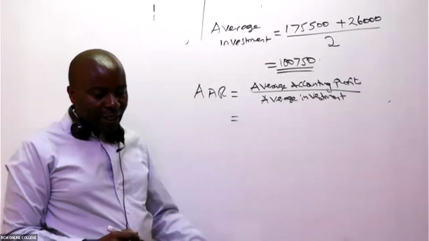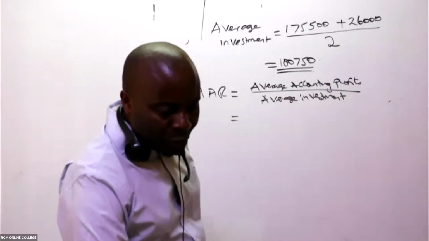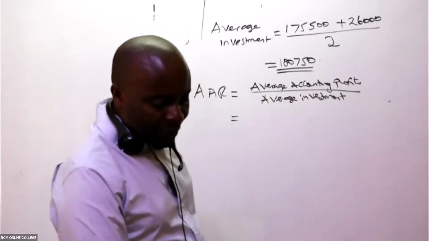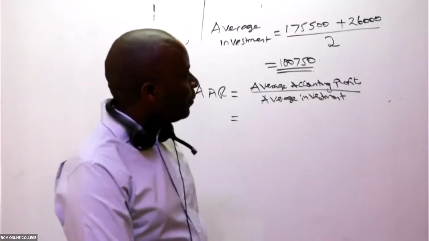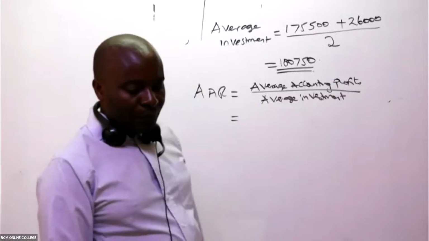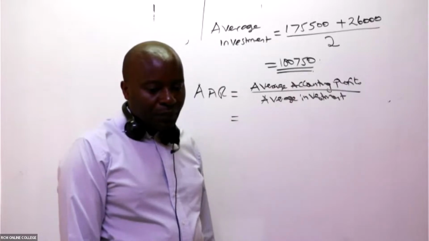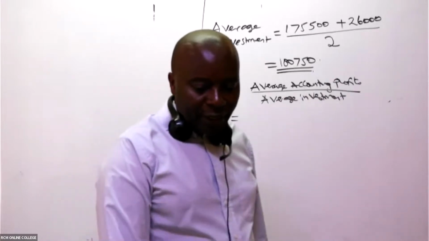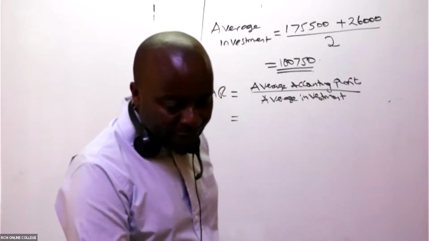You guys had averaged something there, which somebody should be able to remind Mwalimu pretty fast. 17,875, isn't it?